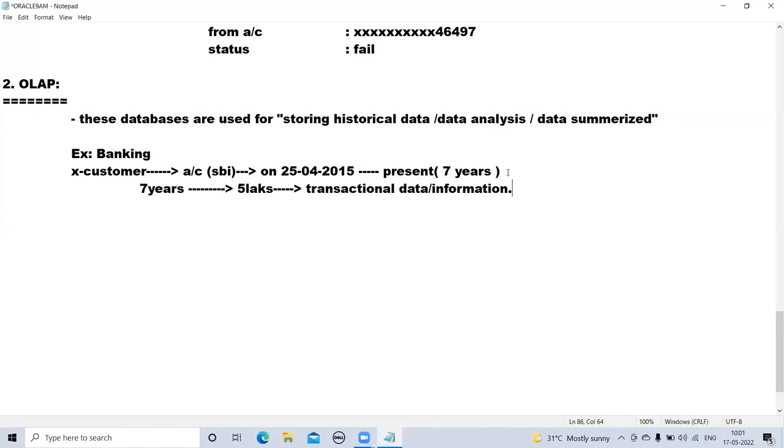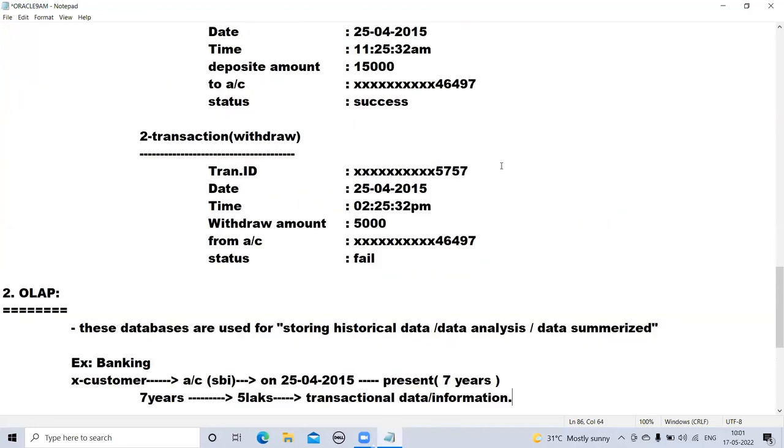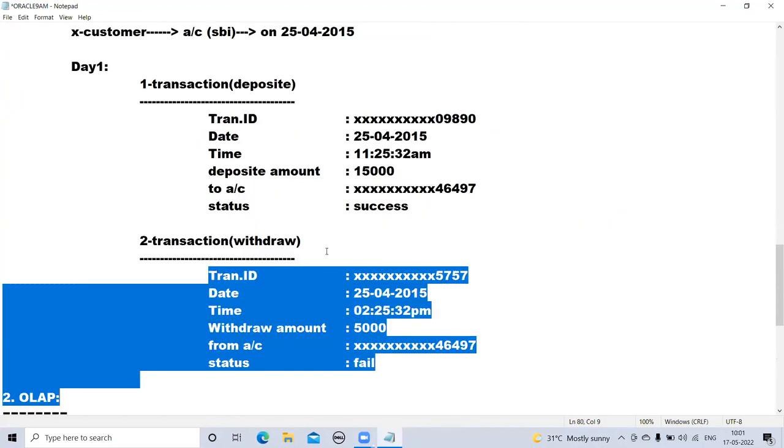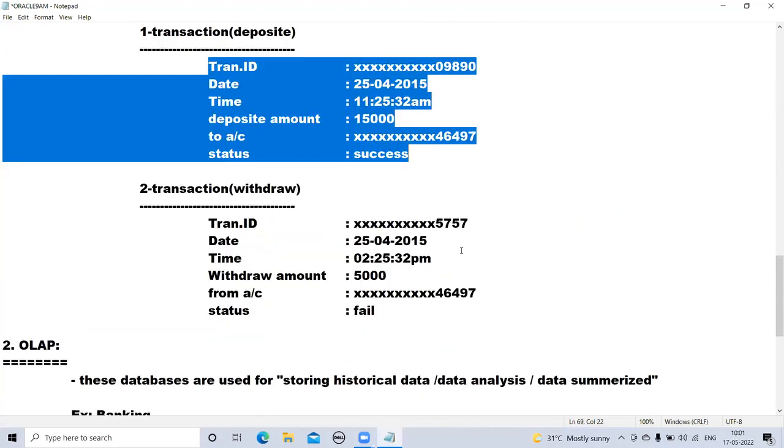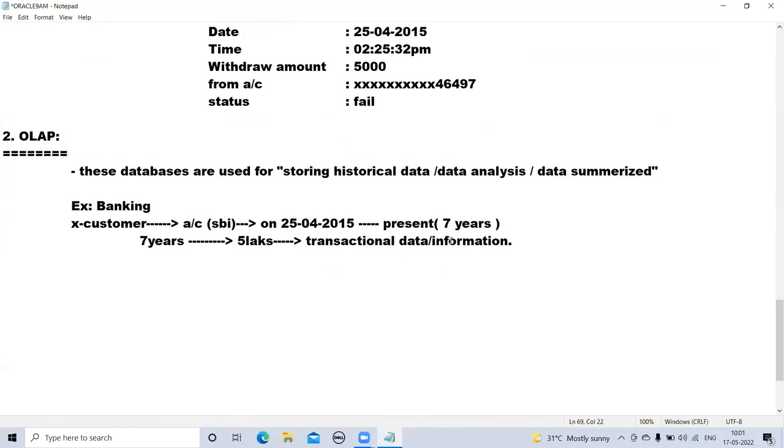Yes, definitely. The 7 years of data about customer X. I don't know how many transactions he performed, we don't know, but just assume there are 5 lakh transactions he performed. Whatever data was generated like this, I want to store.